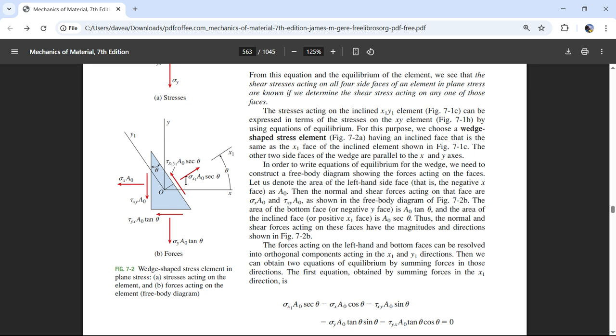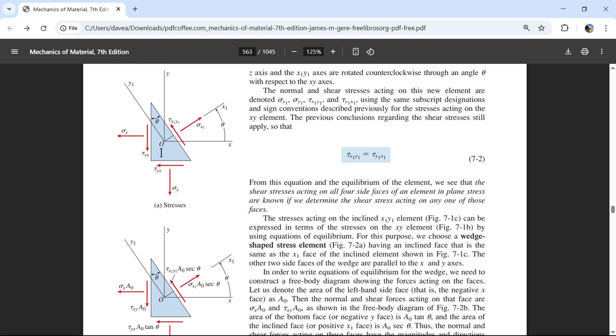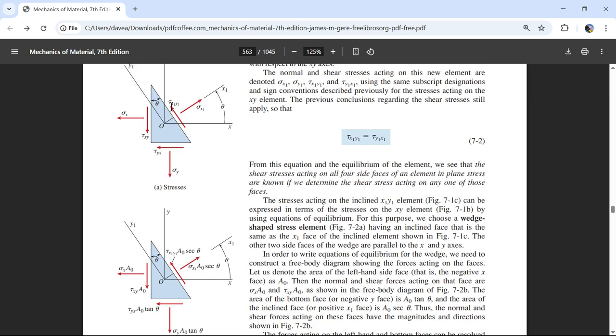So this is a force body diagram, and so I can find this force right here, and on this cut I can find this force as well. What we're doing is trying to find the stress on this face and the shear stress.